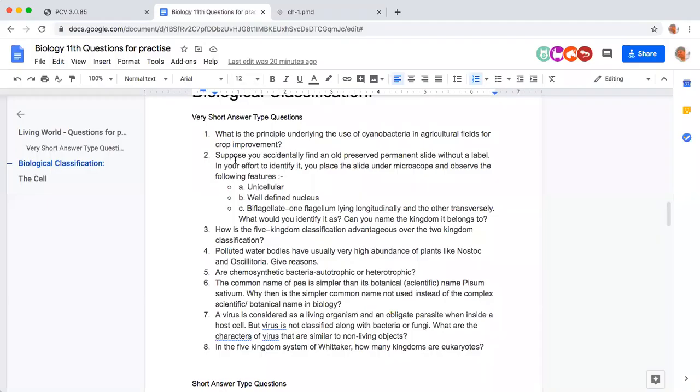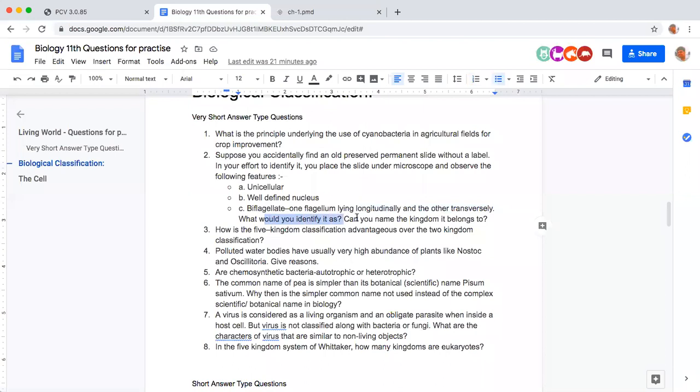Second question. Suppose you accidentally find an old preserved permanent slide without a label. In your effort to identify it, you place the slide under a microscope and observe the following features: unicellular, well-defined nucleus, biflagellate, one flagellum lying longitudinally and the other transversally.